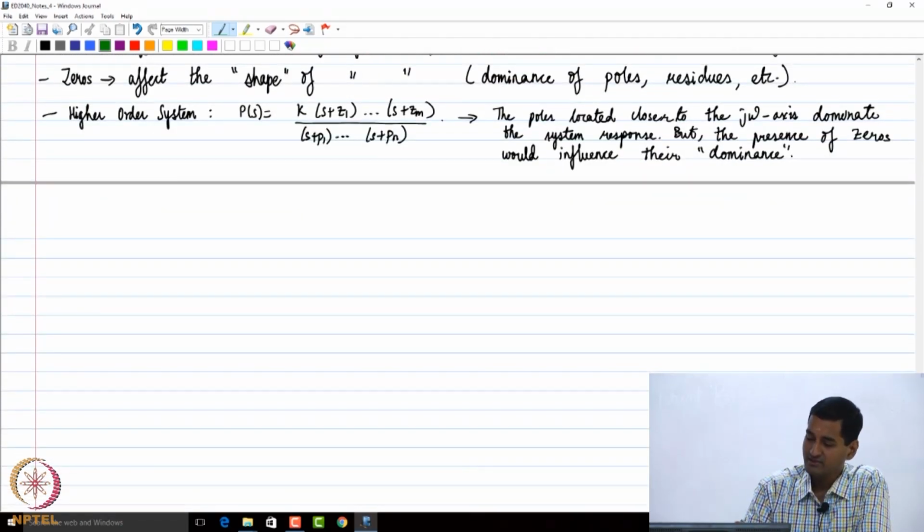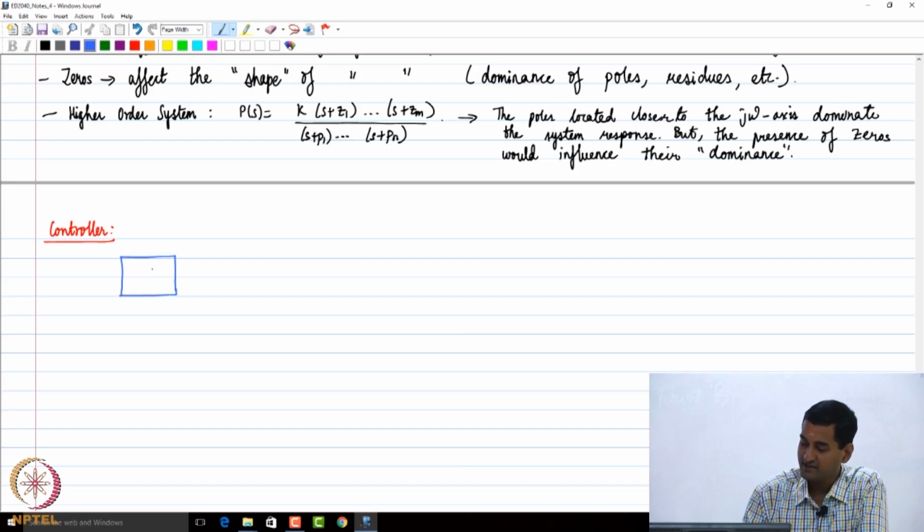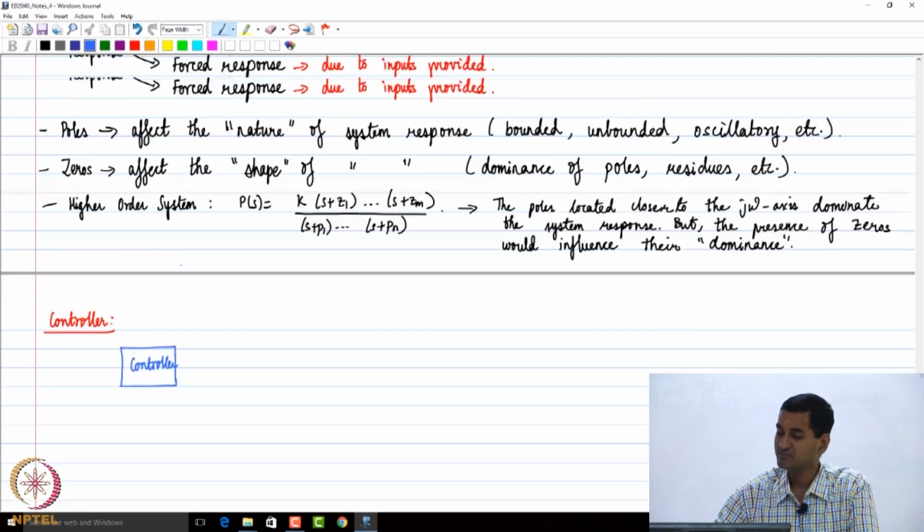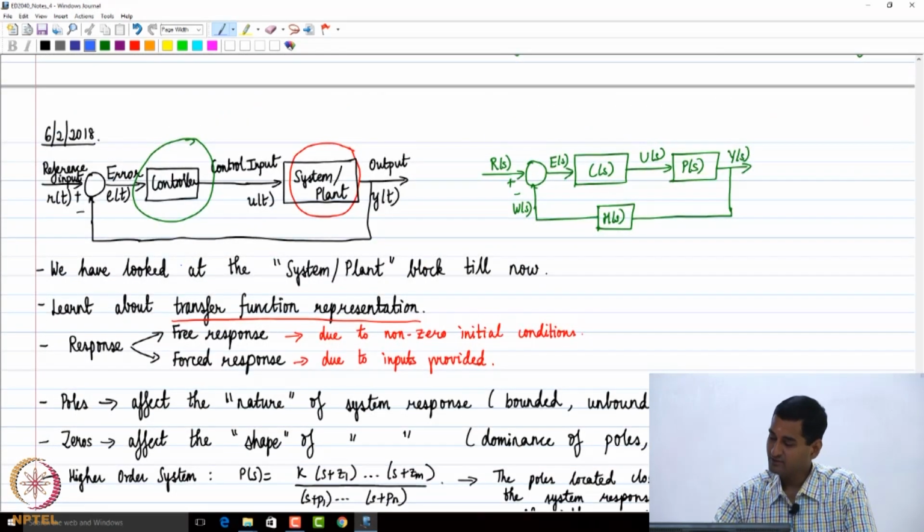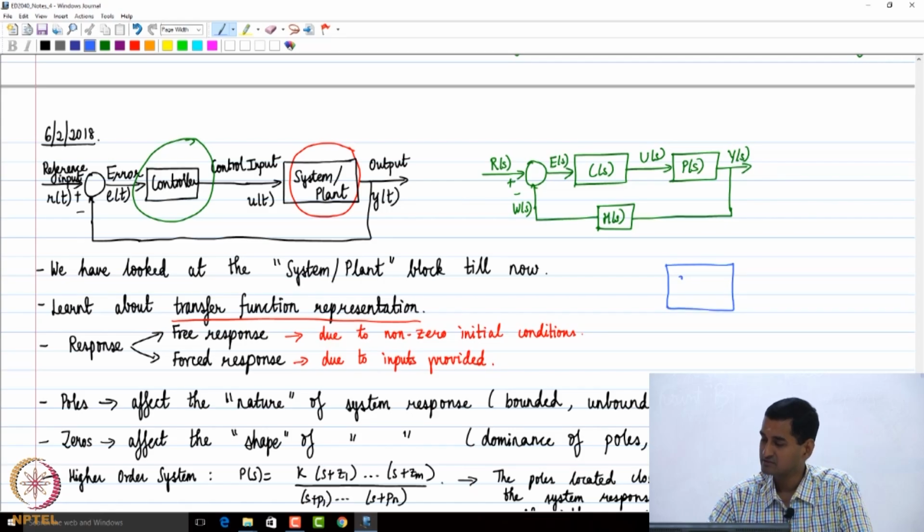So let's look at the controller. Please note that the controller block is an entity. I am only looking now at the controller. Till now we looked at the system block, the system or the plant, to which we provide an input u of t and we get an output y of t, right?